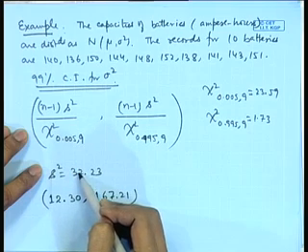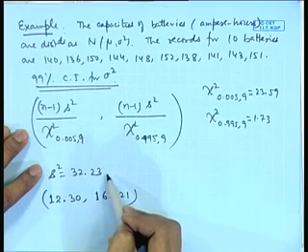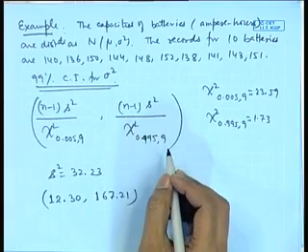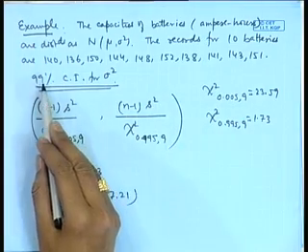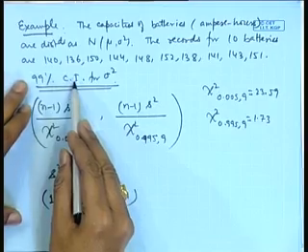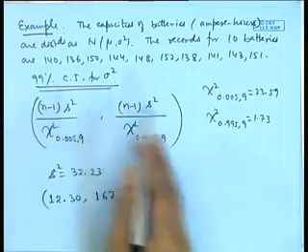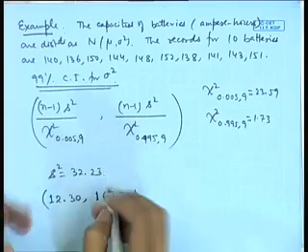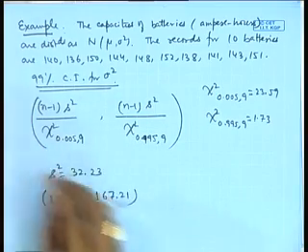This s square is 32.23 here. If we reduce the confidence level, suppose we make it 90%, then this will shrink. Since we have made a very high confidence level, that is why the confidence interval is very large, which looks slightly impractical also.